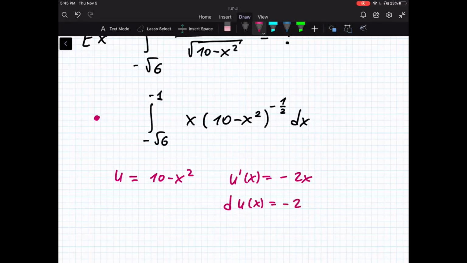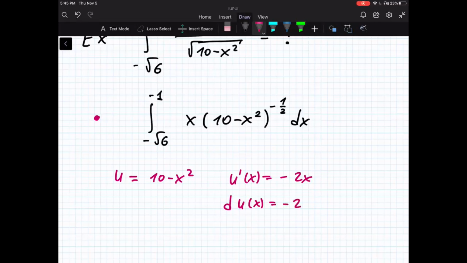So indeed, I have here u to the power minus 1/2, and this is almost my u prime, except that I need to multiply by minus 2. So let's multiply by minus 2 and divide by minus 2, and I'll get minus 1/2 integral of 10 minus x squared to the power minus 1/2 times minus 2x dx.